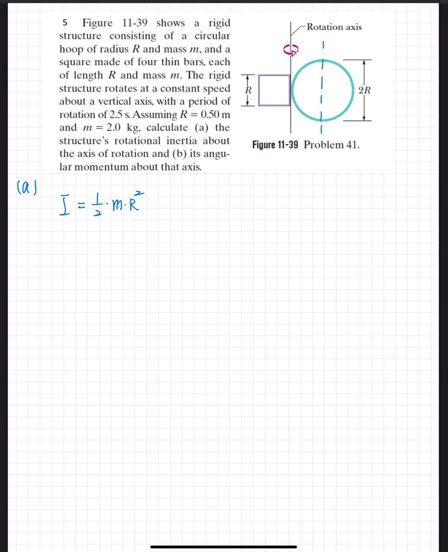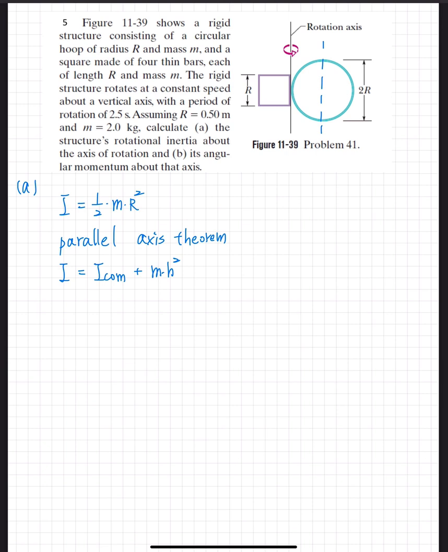And then we can see that the axis is parallel to the rotation axis. So we can use the parallel axis theorem. The rotational inertia is equal to the center's rotational inertia plus m h squared.